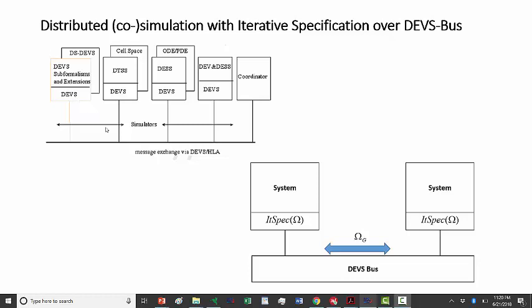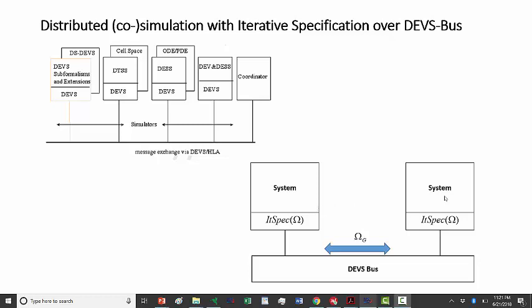The DEVS bus concept is one that allows co-simulation of different models in the same overall framework, each expressed in different formalisms, but put into DEVS compliance, for example, over HLA. And now we have the ability to express each of these different system formalisms within the iterative specification framework.